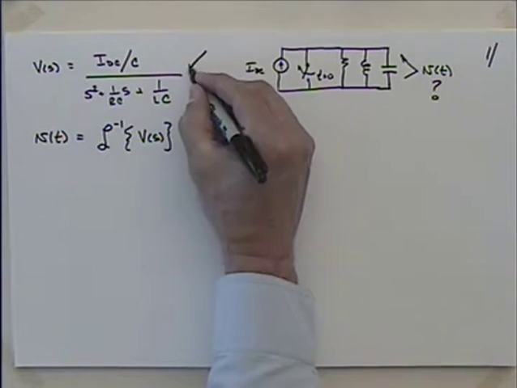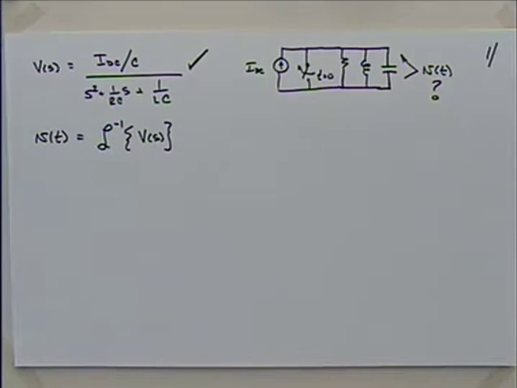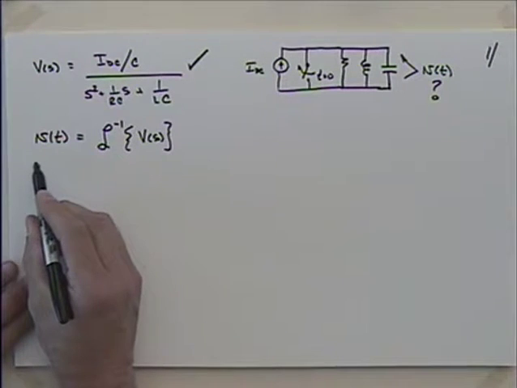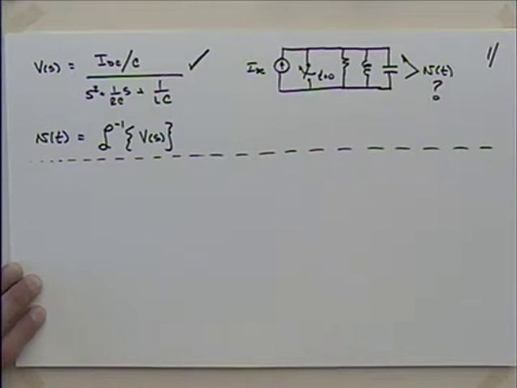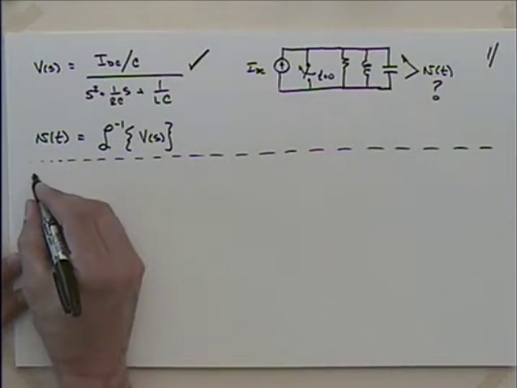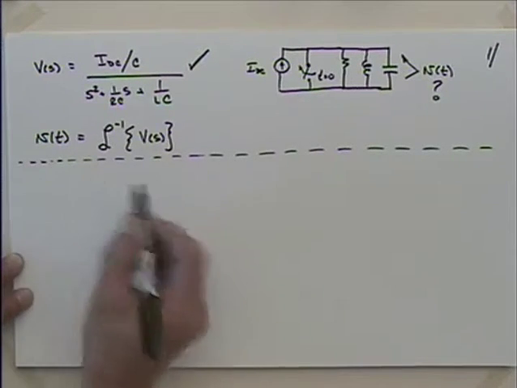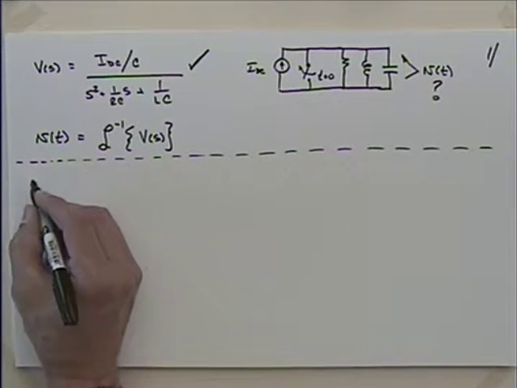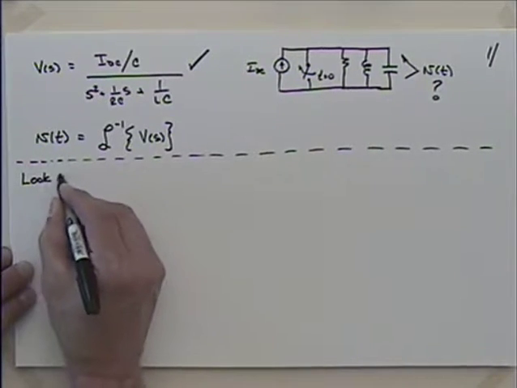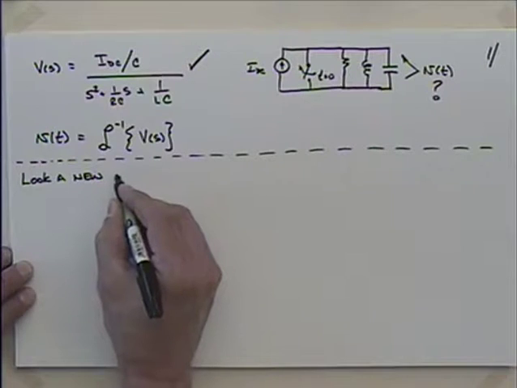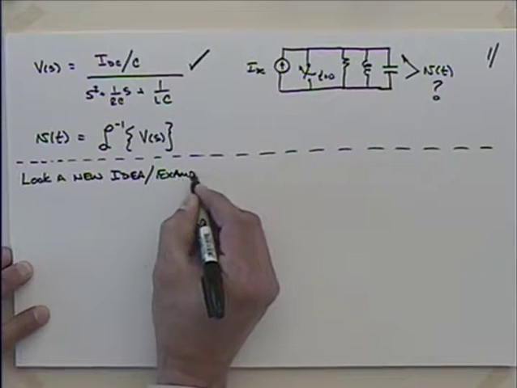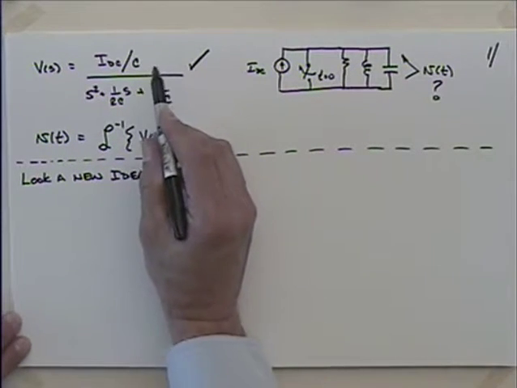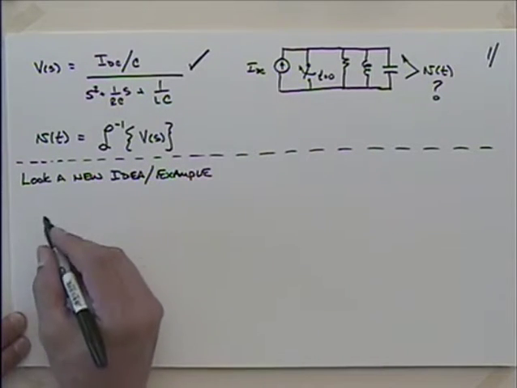This is a common look: a pretty easy polynomial on top, and a second order polynomial on the bottom. So this comes up quite a bit. I'd like to step away from this problem and look at how we want to do that. Let's look at a new example.